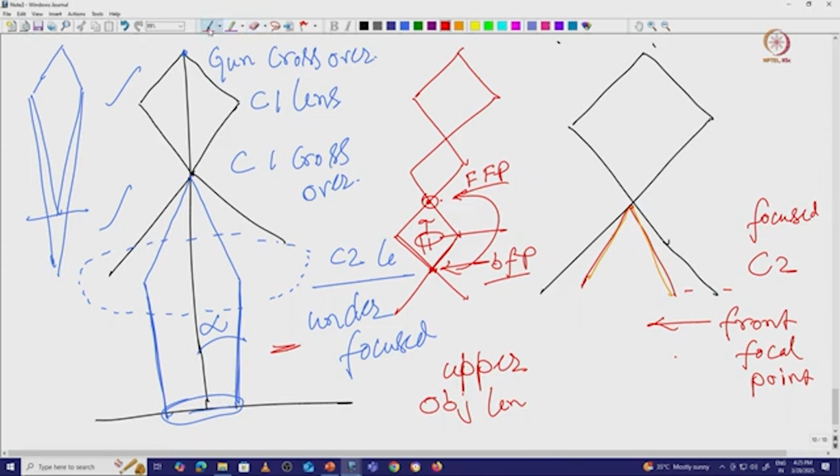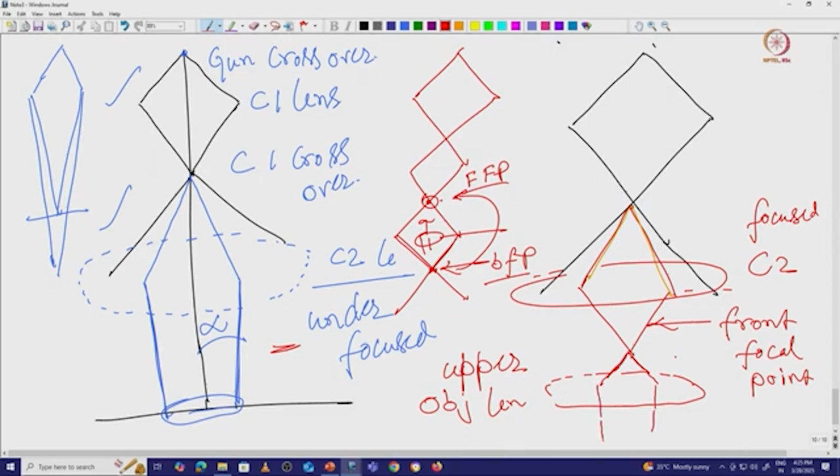This ray is converged at one particular point, then the upper objective lens is somewhere here. This is our upper objective lens, this is our C2 lens, and the upper objective lens makes this beam parallel.